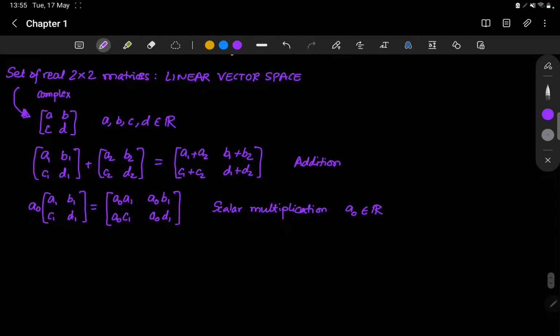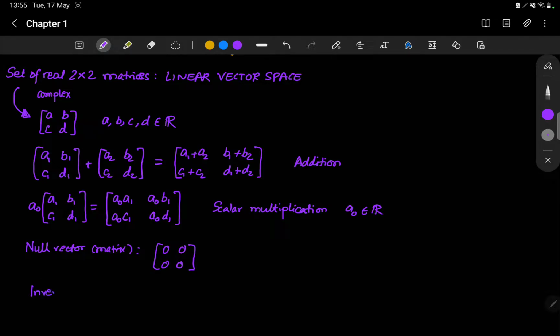Now with this definition of addition and scalar multiplication, we can see that the null vector, or the null matrix in this case, would be simply 0, 0, 0, 0. So if all the elements of this 2 cross 2 matrix are 0, then that is the null vector. So the null exists.